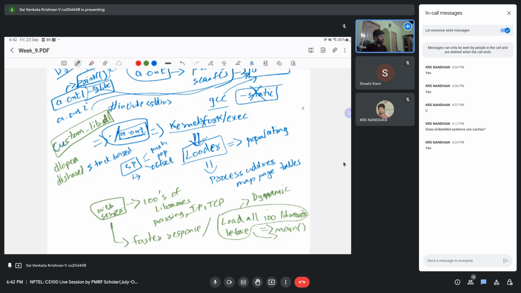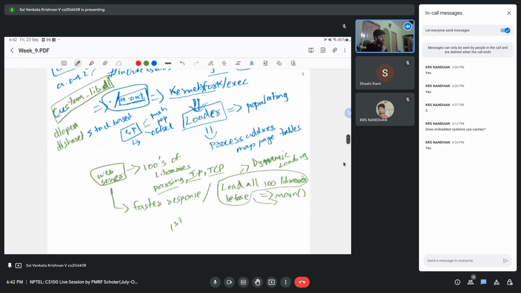Say out of these 100 libraries, only 20 libraries I'd be using always, like the parsing and TCP/IP libraries. I will first load just those 20 libraries initially.